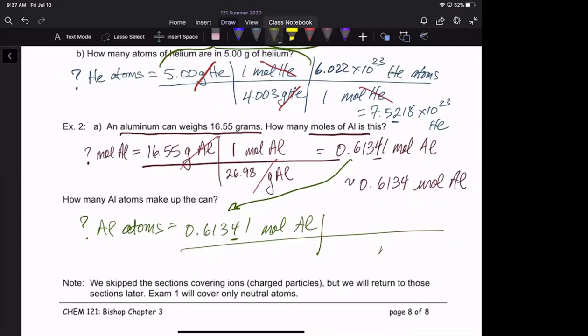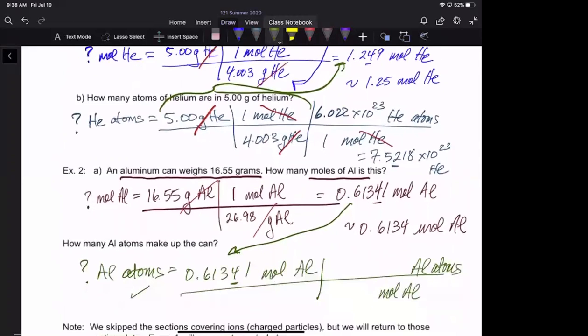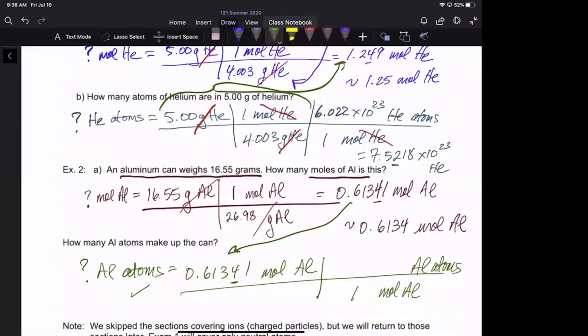Okay, we need to cancel out moles of aluminum, and we're looking for atoms. So we'll use that factor again and figure out where the numbers go. 1 mole of aluminum is 6.022 times 10 to the 23rd atoms. So I will multiply those.